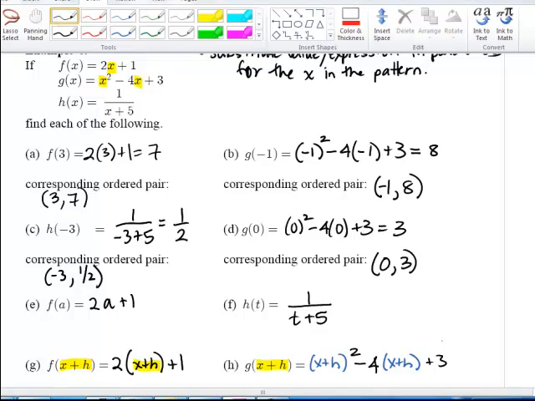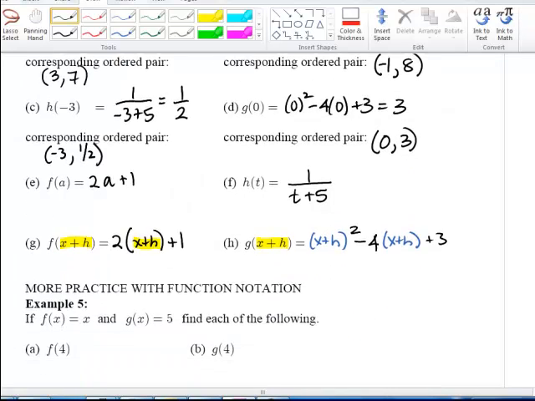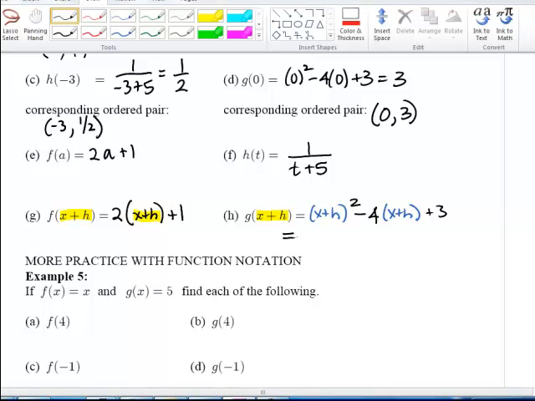Each of those x's I wrote in blue as the new group x plus h. Then we just need to simplify that, and we've got a binomial squared, so we can use that pattern. And then we would distribute the -4 and combine like terms if there were any, but you can see there aren't any like terms, so I can stop right there.